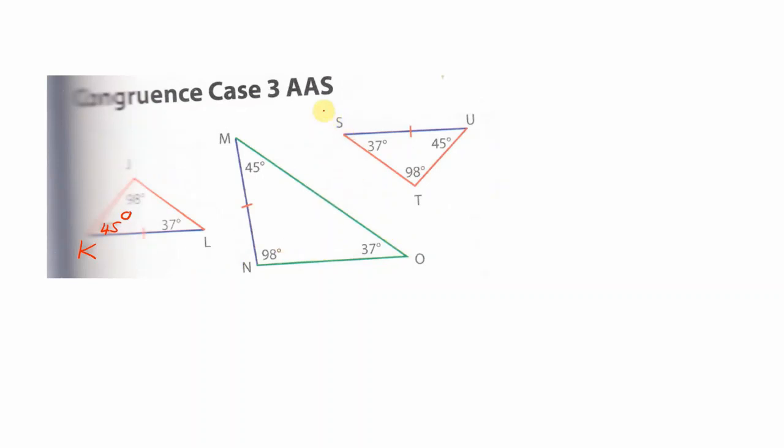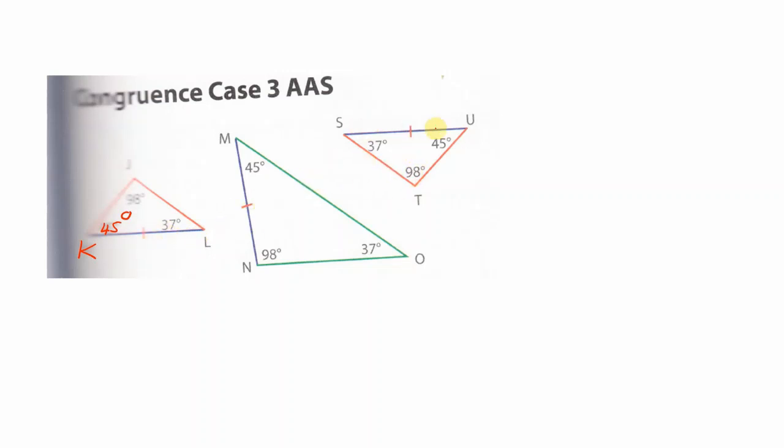The third case of congruency is angle angle side. So there need to be two angles that are matching and a side. Now we can see that in all three of these triangles, all the angles are corresponding and all of them have a side that's corresponding.